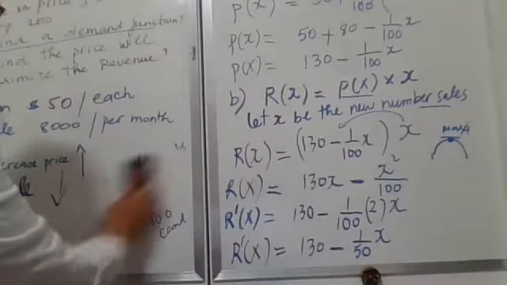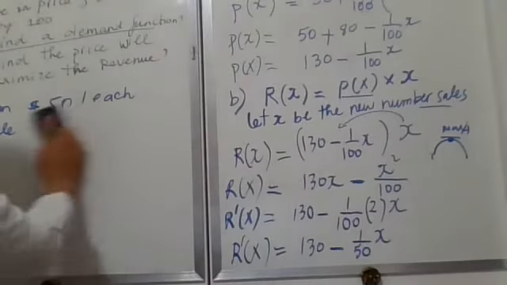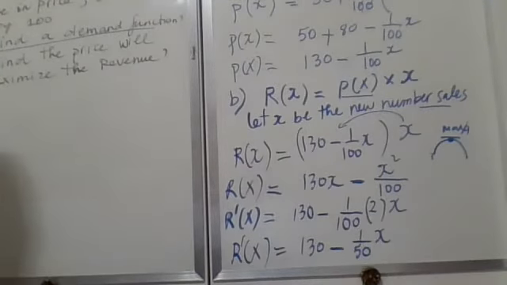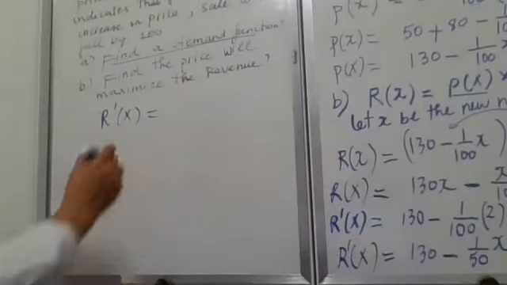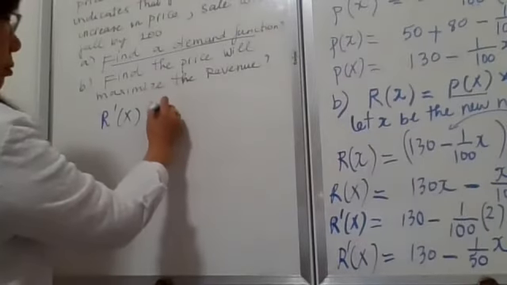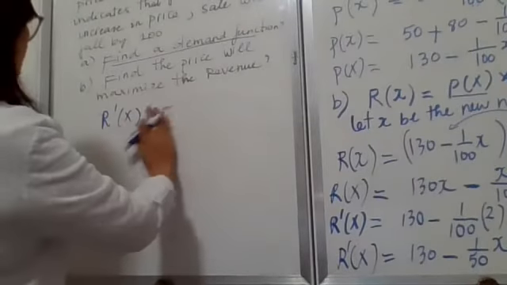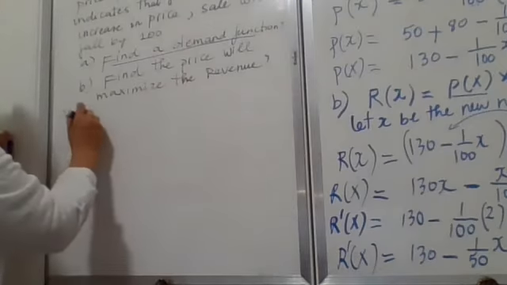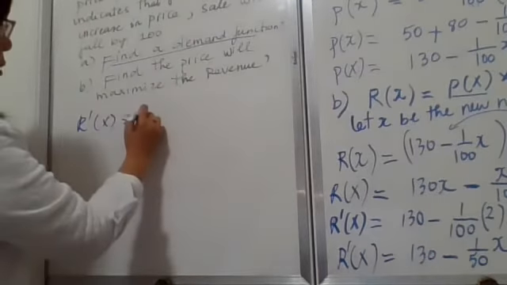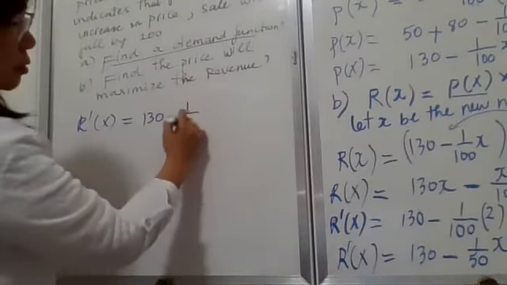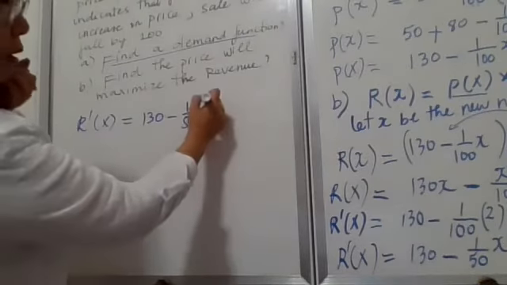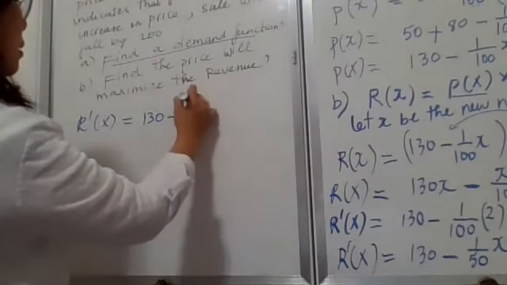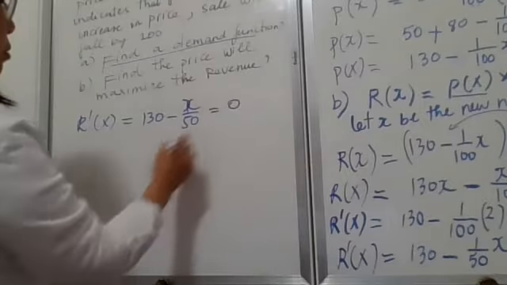So now, how do we find the maximized revenue? We find it by setting R prime of x equal to 0.